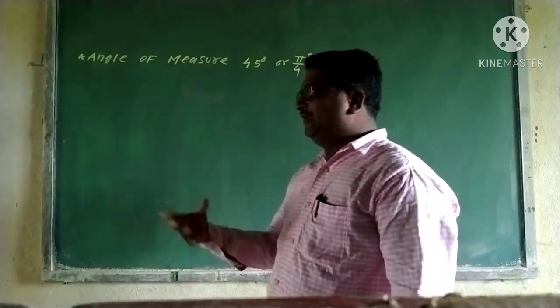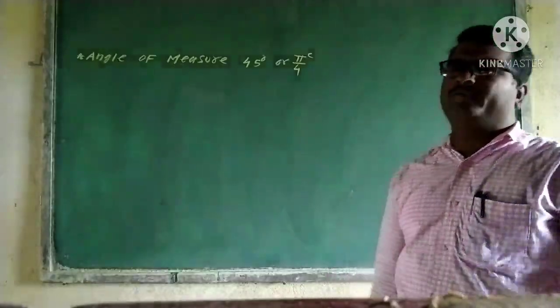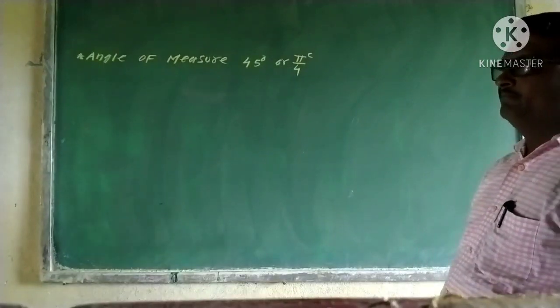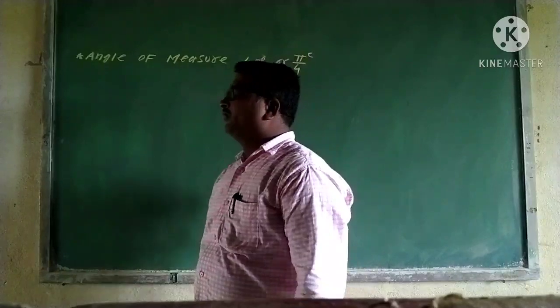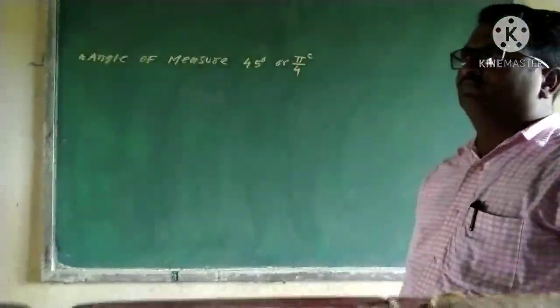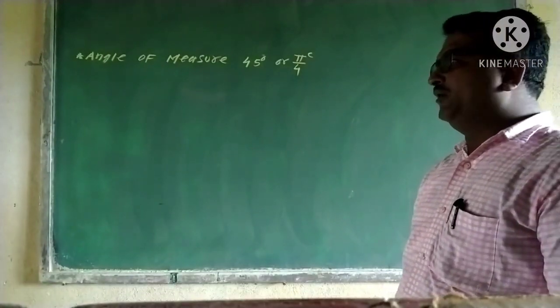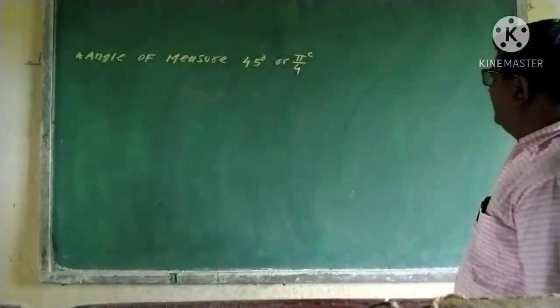Now to find the values of all trigonometric functions for 45 degree, in the 10th standard we studied a theorem, the 45-45-90 theorem.